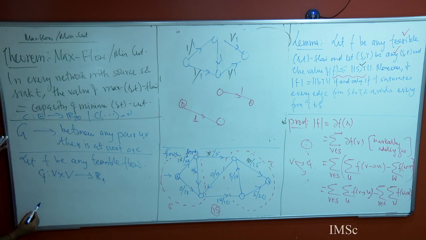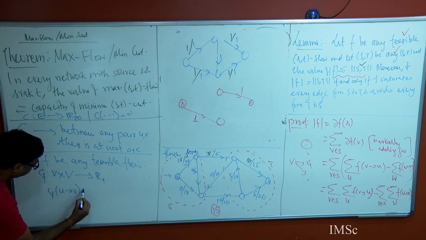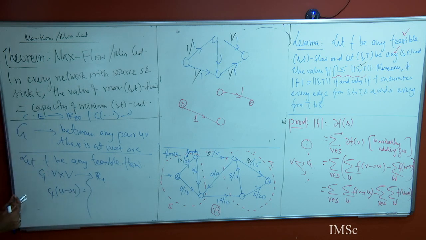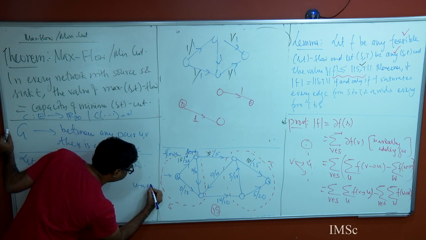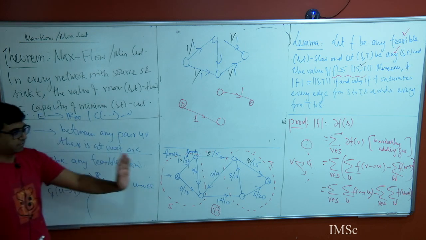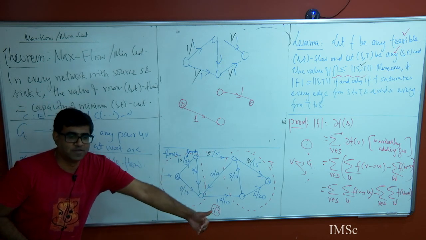So how should I define this? How do I define C of U tilde V, like some edge? Either U, V is present in my graph or it is not. So suppose U comma V is present in my original graph. Then I'm allowing you to flow this much, and already this much is flowing. How much more can you flow in this direction?